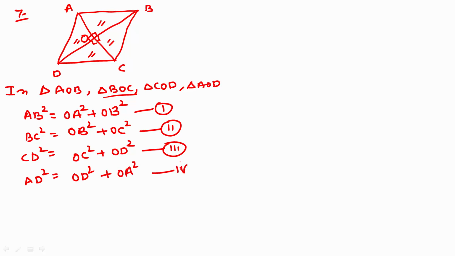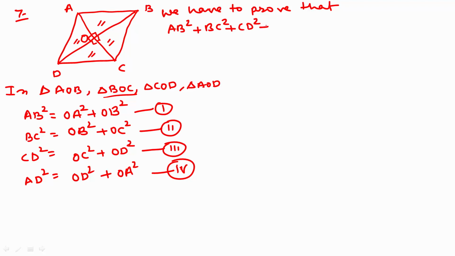This is number 4. And we have to prove that AB square plus BC square plus CD square plus DA square is equal to AC square plus BD square.